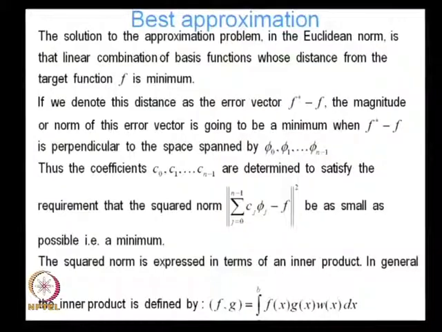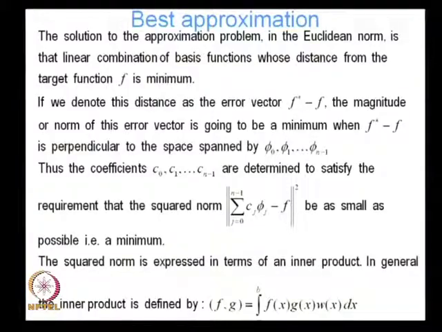Whatever coefficients Cj make this norm assume the smallest possible value, those are the coefficients of my best approximation. Those coefficients multiplied by my basis functions are going to give me the best approximation.